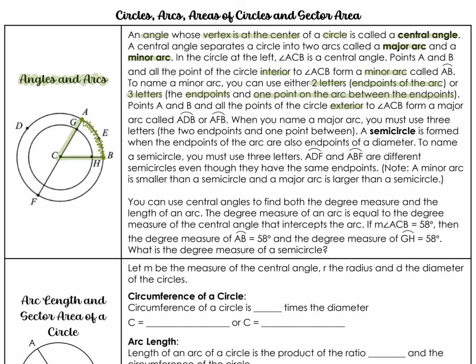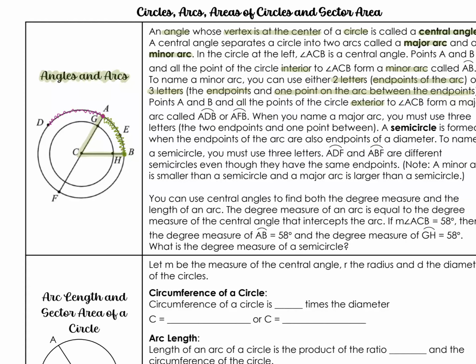Noticing that as I make my way around, starting at that A, all the way to that B for that major part, I come across either that point D, or I also come across that F. Key thing, even though there are 2 points in between that A and B, make sure you're only using one.